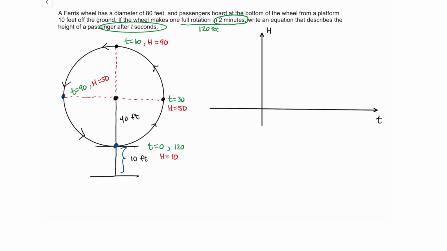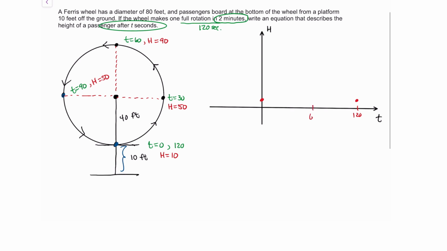So going over here to the graph, at t equals 0, we have a height of 10, and we know that at a time of 120 seconds, we have a height of 10 again. And then halfway between those two times, at 60, we reach our maximum height, which is 90. This may not be to scale.